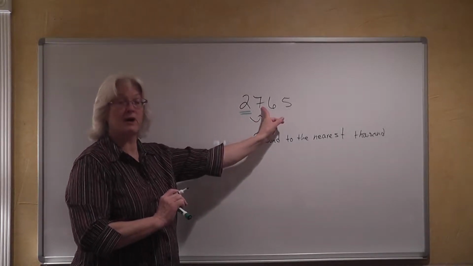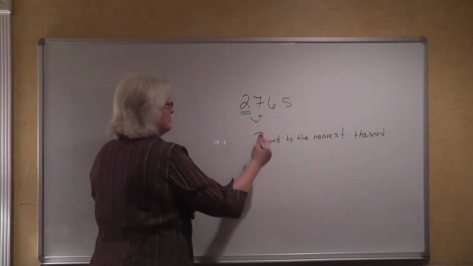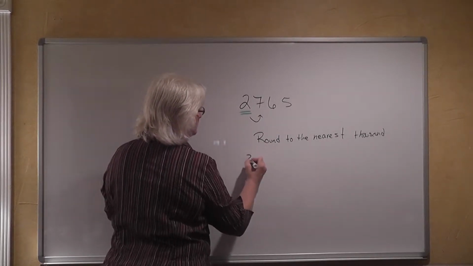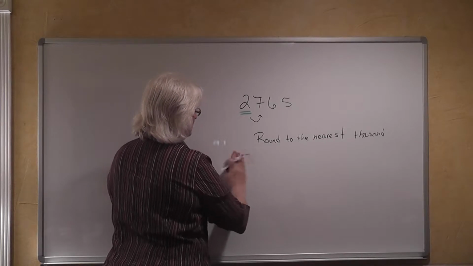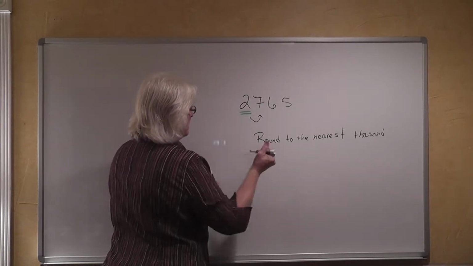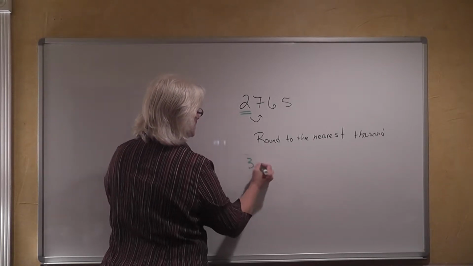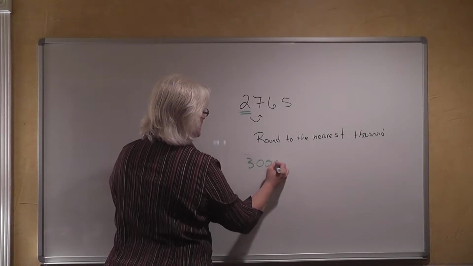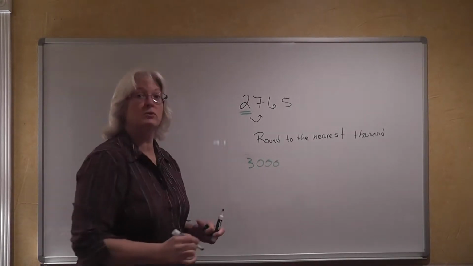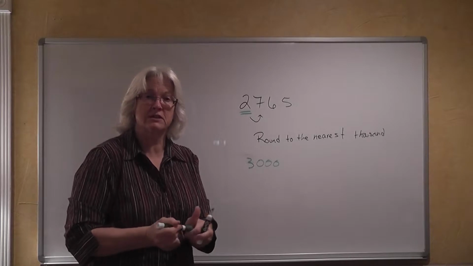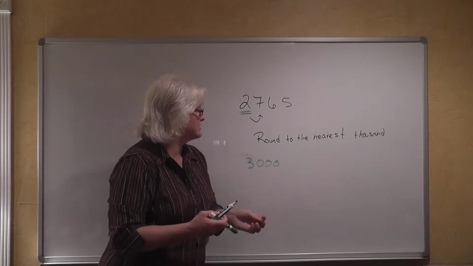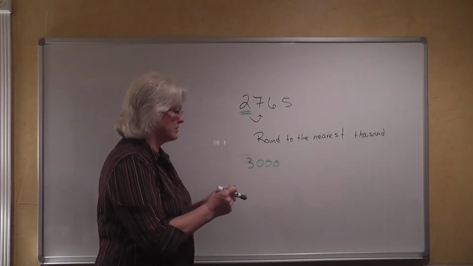This is 5 or above. Our 2 becomes a 3. And the remaining digits are zeros. So 2,765 rounded to the nearest 1,000 becomes 3,000.